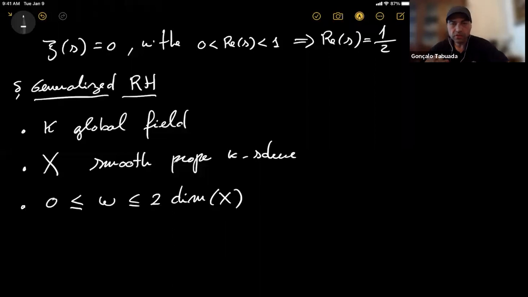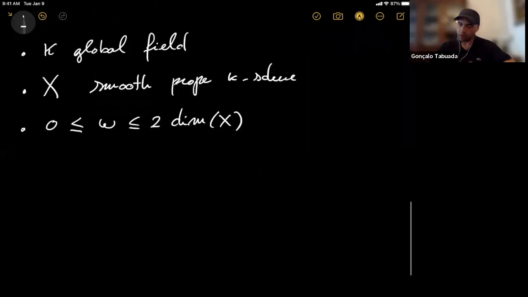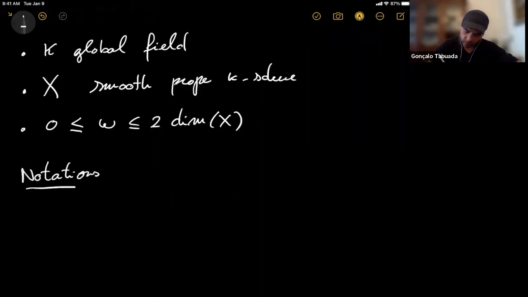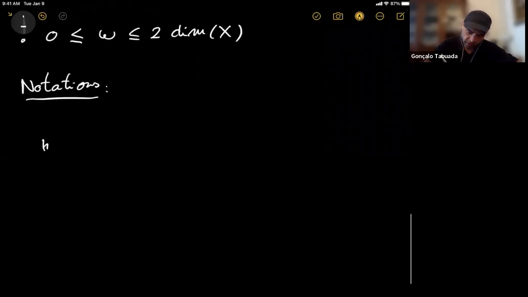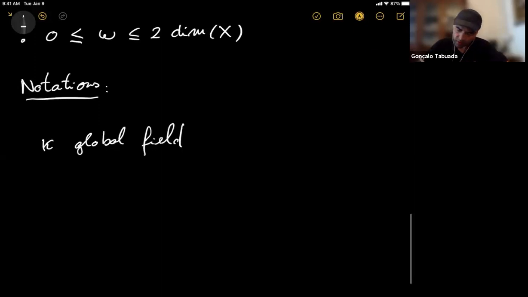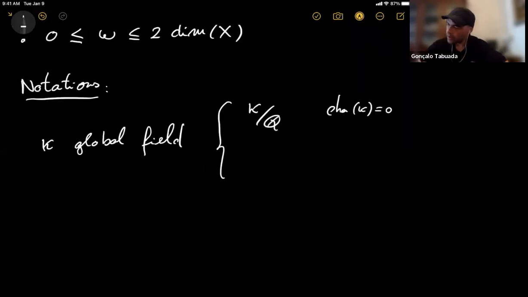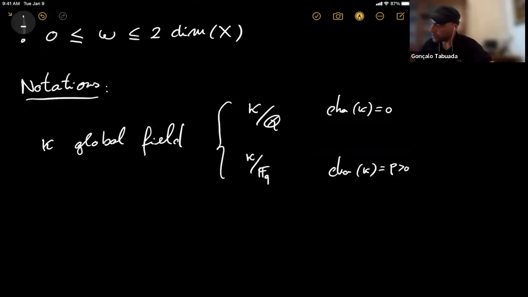Let's focus first on the global field. There will be quite a lot of notation, so we start with some important notations. Little k is a global field. As you all know, that means that in characteristic 0 it is a finite extension of the rational numbers, so a number field, and in positive characteristic it is a finite extension of the field of rational functions over a finite field.